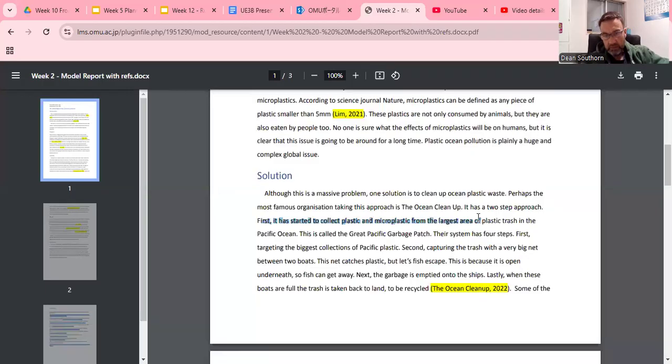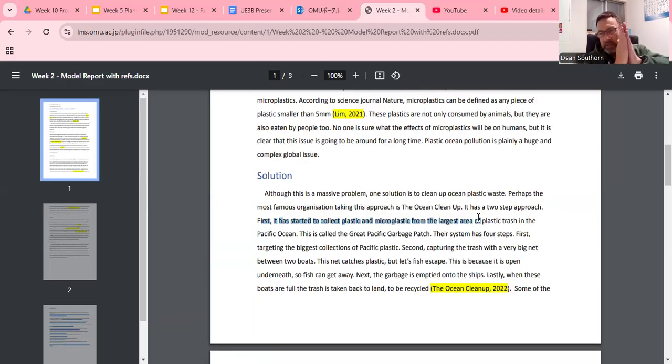They collect it from the ocean, from the garbage patch, and the system actually has four stages. So they collect the sea from the largest area of plastic. Now I'm going to hand over to Yusuke, who's going to describe step 3 and step 4.